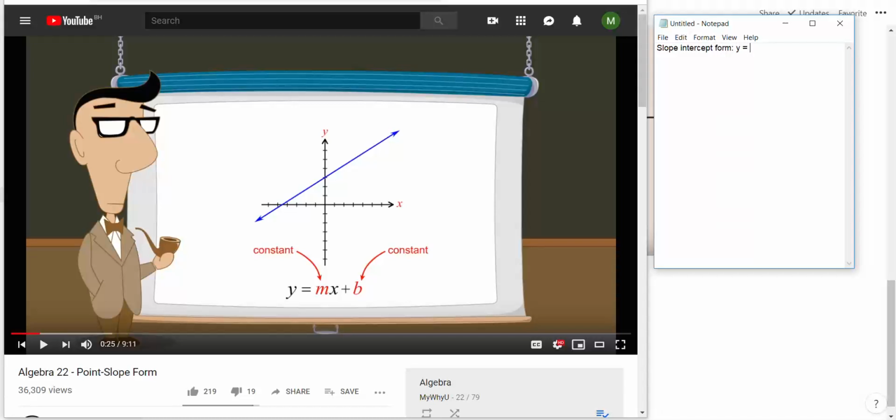You have y equals mx plus b, with m and b being constants. M is the slope here, and b is the y-intercept.